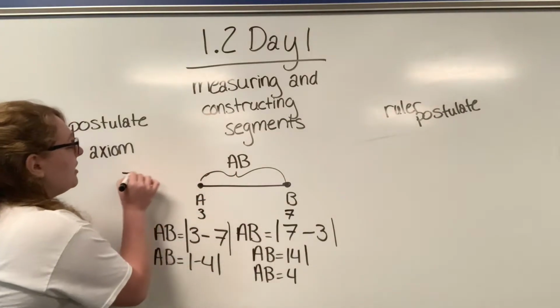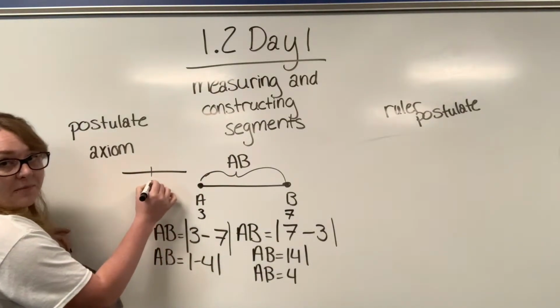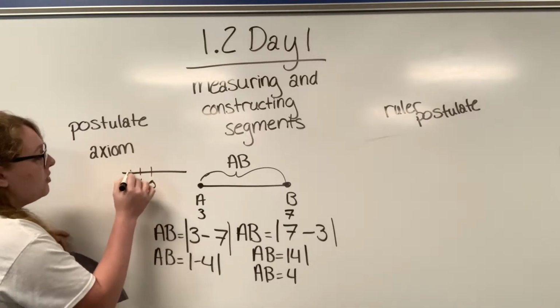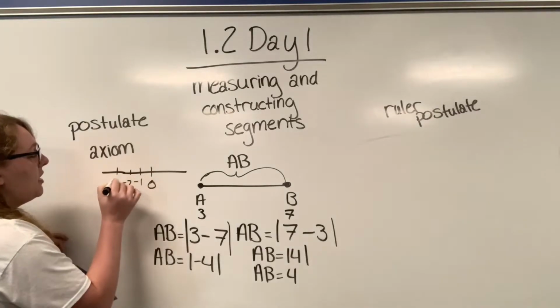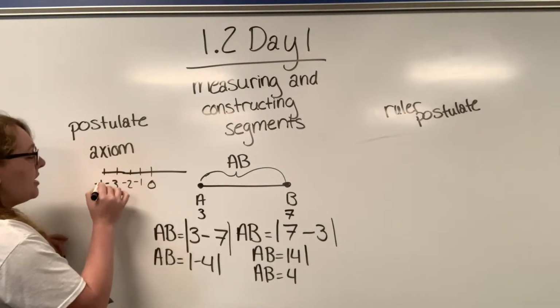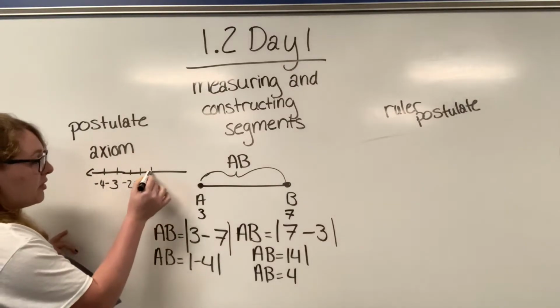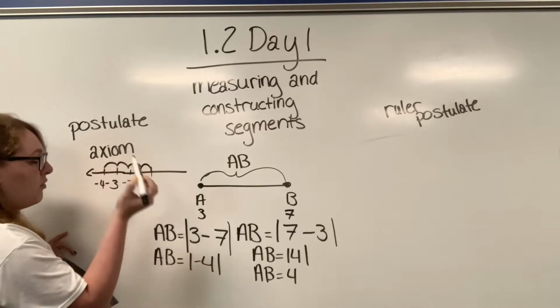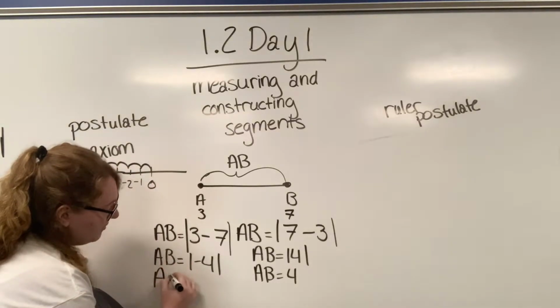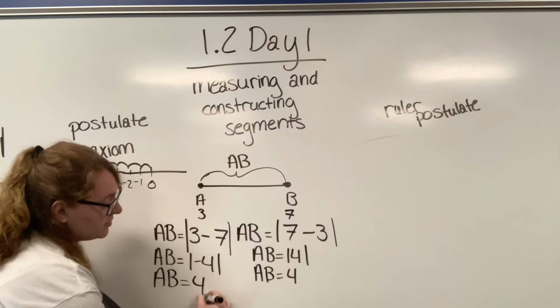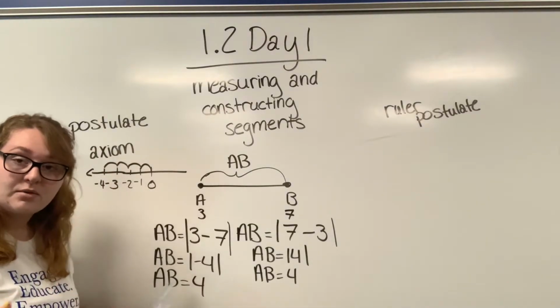If we look at a number line where 0 is right here, and we count -1, -2, -3, and -4, -4 is still 4 units away from 0. 1, 2, 3, 4. So the absolute value of -4 is still 4. So you get the same answer both ways.